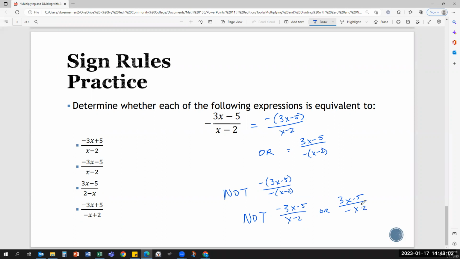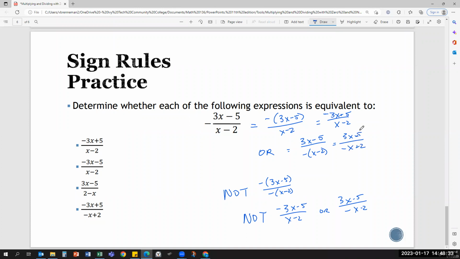So remember, the top and bottom of a fraction, they don't have parentheses written, but anytime you start doing anything with them that involves multiplication or division, that whole thing is grouped. So put parentheses at the point where you need them. All right, so we get then negative 3x plus 5 over x minus 2, or 3x minus 5 over negative x plus 2.